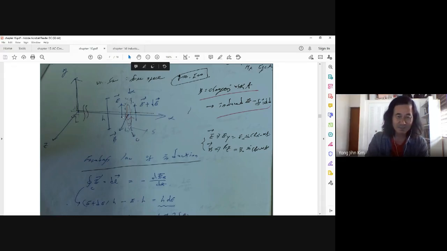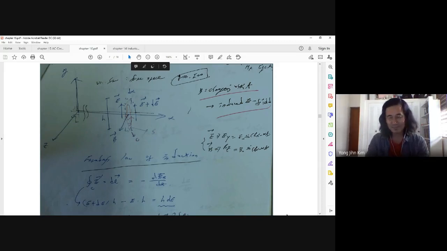And in this part, the electric field and the displacement are opposite, so we have a minus EH. Then EH is cancelled, so we have h times dE. So this h times dE is the result of this line integral.